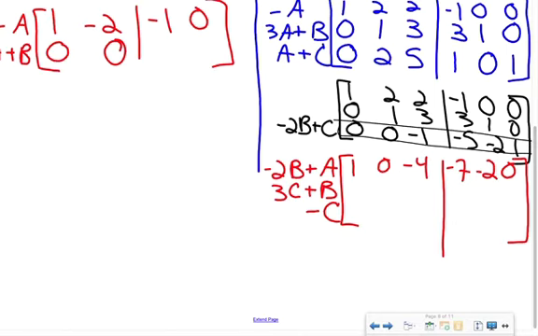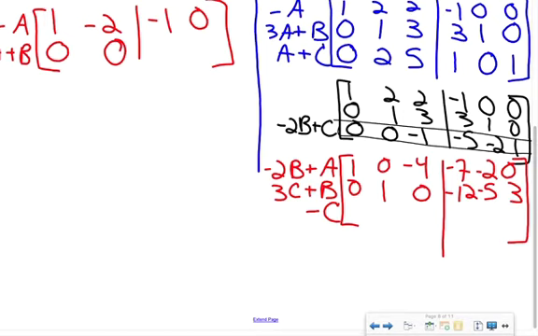So here we go. 3 times 0 is 0. 0 plus 0 is 0. 3 times 0 is 0. 0 plus 1 is 1. 3 times negative 1 is negative 3, plus 3 is 0. 3 times negative 5 is negative 15, plus 3 is negative 12. 3 times negative 2 is negative 6, plus 1 is negative 5. 3 times 1 is 3. 3 plus 0 is 3.